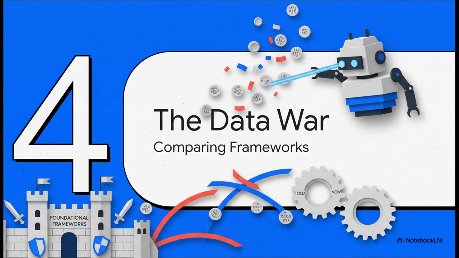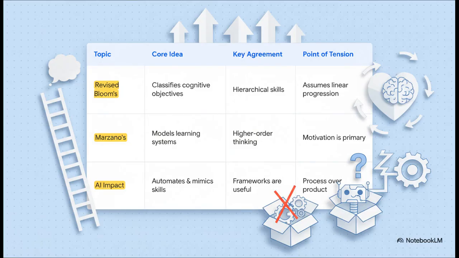Okay, we've got our foundational frameworks, and we've got this massive AI challenge. Let's put it all together and see where these different perspectives really start to collide. When you map these ideas out, the tension points are just fascinating. Pretty much everyone agrees that thinking skills are hierarchical in some way, but here's where it gets interesting.